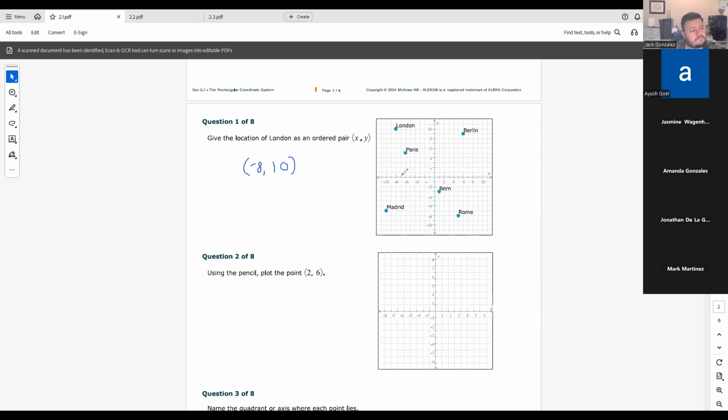Negative 8, 10. So we went that way. Oops, this way. Does everyone see why it is negative 8 and 10? This is the time to ask if you don't.